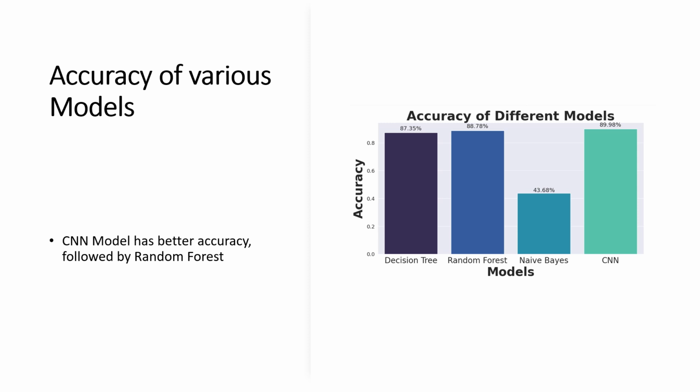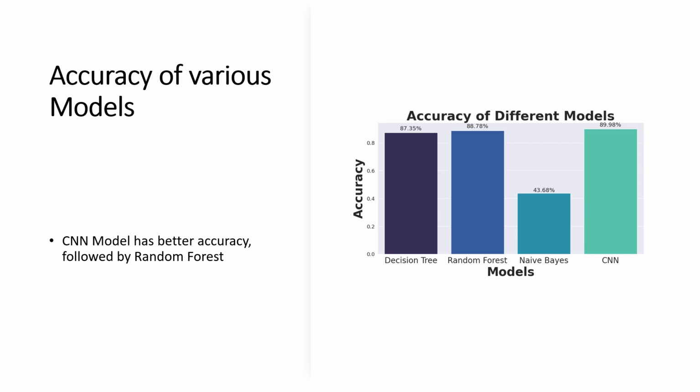So now we're talking about the accuracy of various models. As you can see in the graph here, we've got four different models, which are decision tree, random forest, naive Bayes, and CNN. On the left side, you see the accuracy.